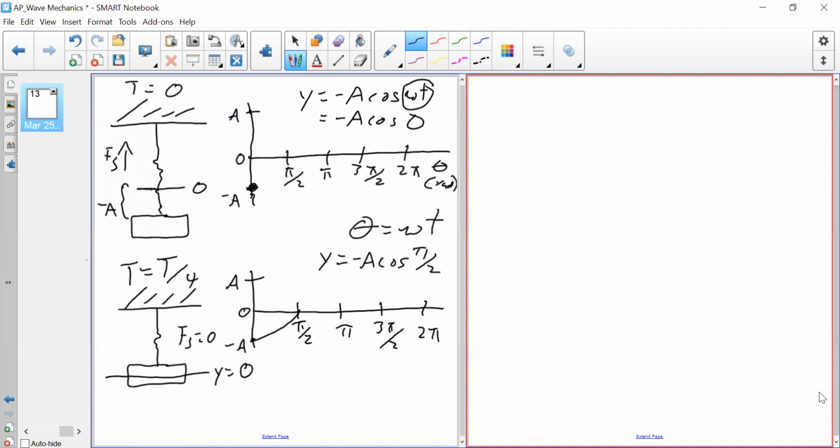And move over here. And so then we have positive A, and the spring force will be directed down. And it's 0 right there in the middle.